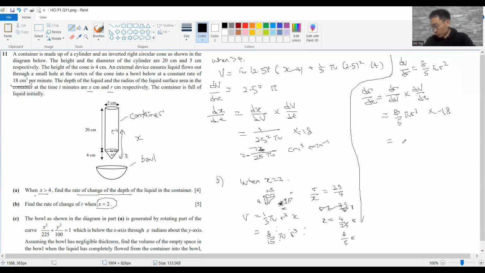This one I didn't invert, sorry. So this one is 5/8 pi r square.